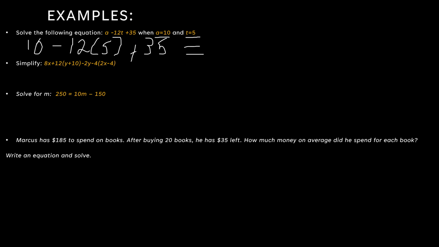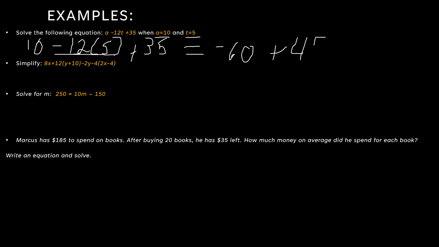So then, following order of operations, 12 times 5 is 60, and that is a negative to begin with. So we have negative 60, and then we have 10 and 35, which are positive, which add together to become 45.